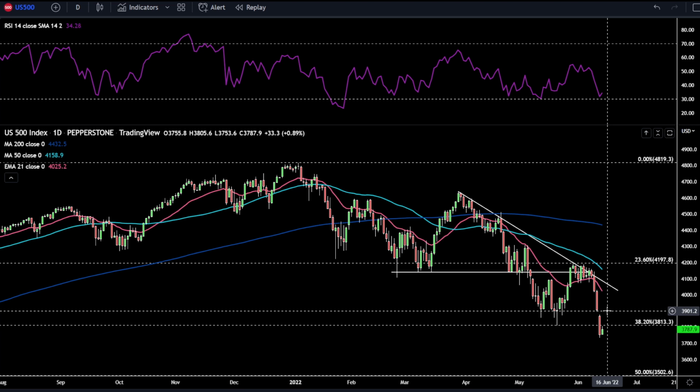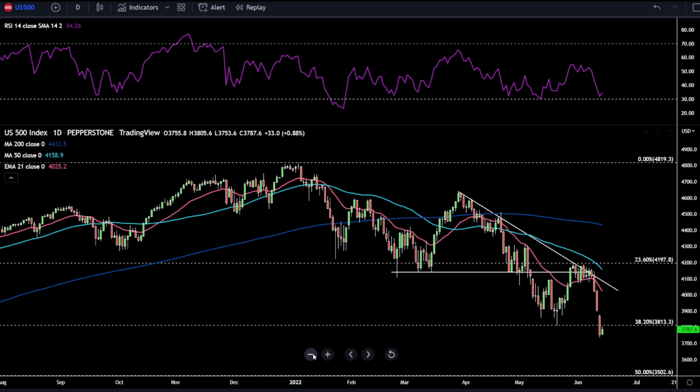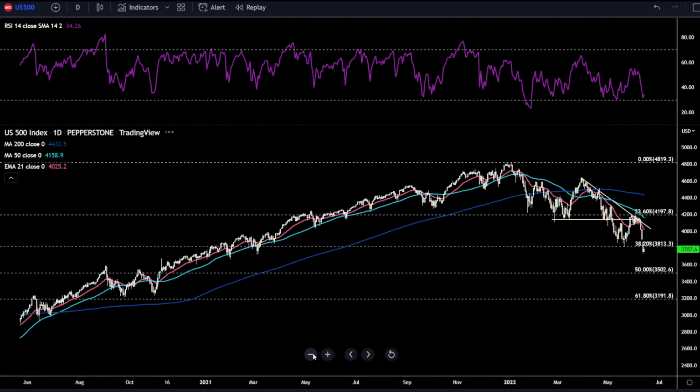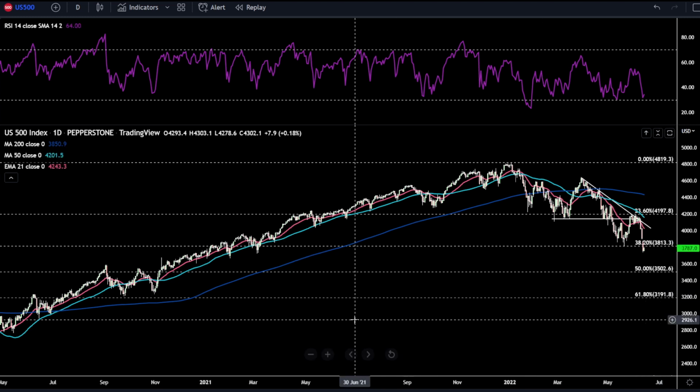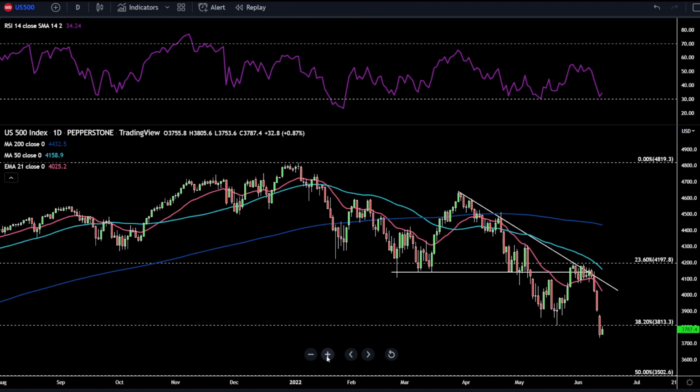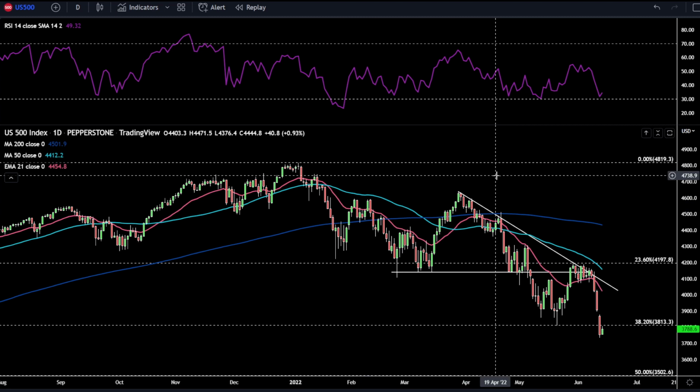And then on the downside, obviously below there, zoom out a bit here, the next level for me to watch would be around here at about 3.7. So not too far, about 87 points off. RSI is not oversold yet. It's still got a bit of room to run if we were to continue to sell off.